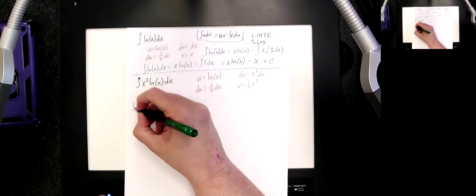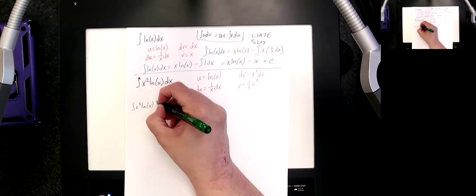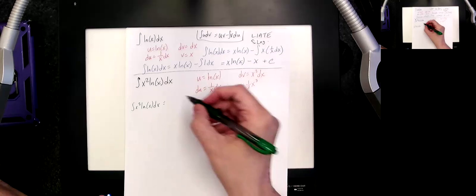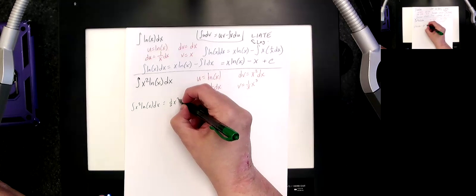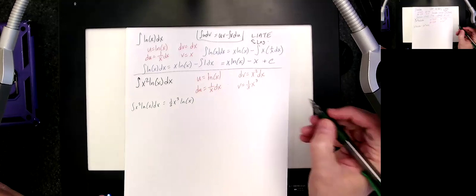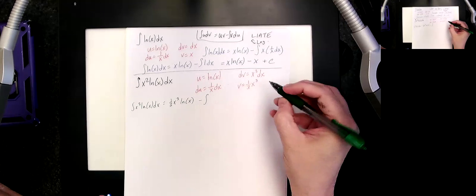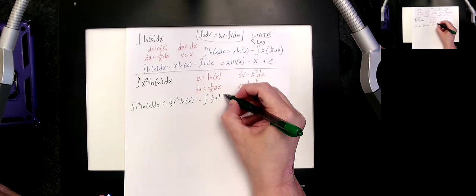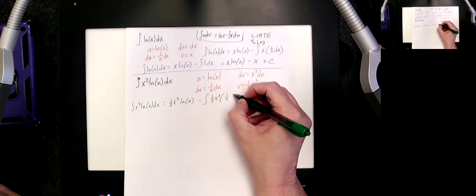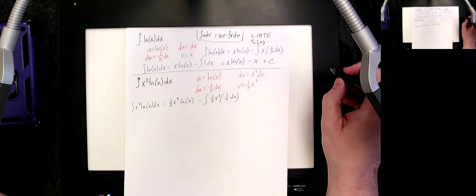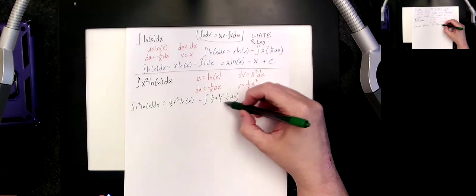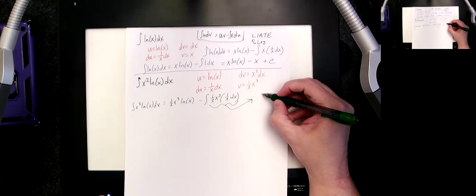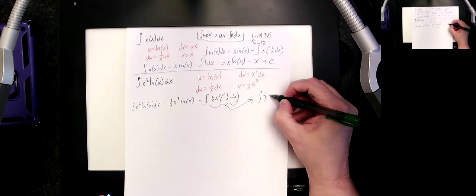So when I integrate x squared natural log of x dx, I get u times v, 1/3 x cubed natural log of x, minus the integral of v du, 1/3 x cubed times 1 over x dx. And this portion looks like the integral of 1/3 x squared dx.